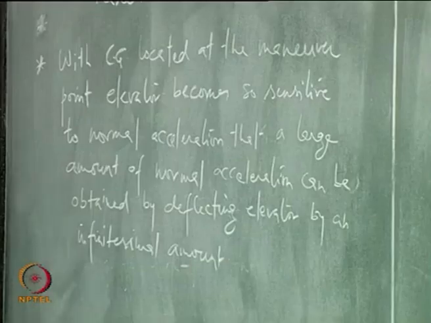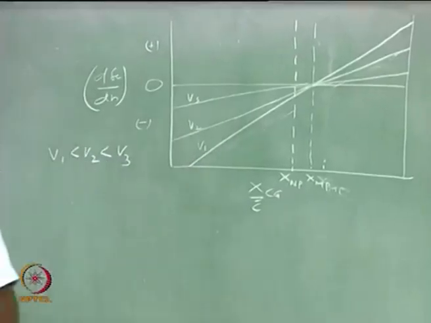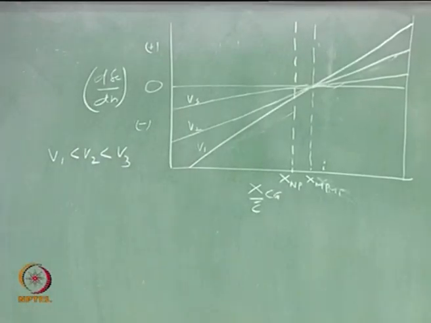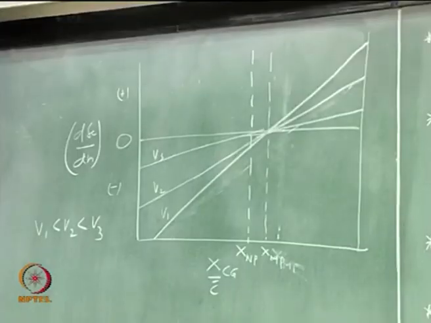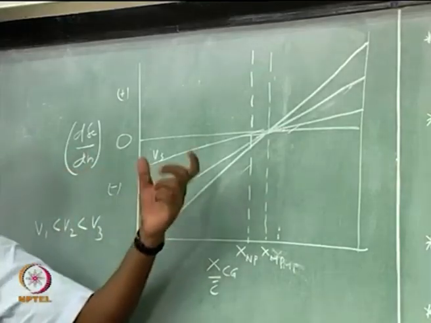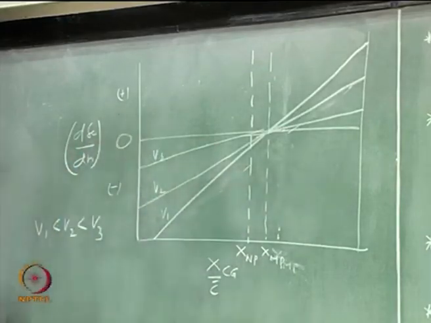What happens when CG crosses this maneuver point? Control reversal, right. So, now when you are taking your elevator up, or in this case to get the normal acceleration that is demanded, you have to put your elevator down, right.